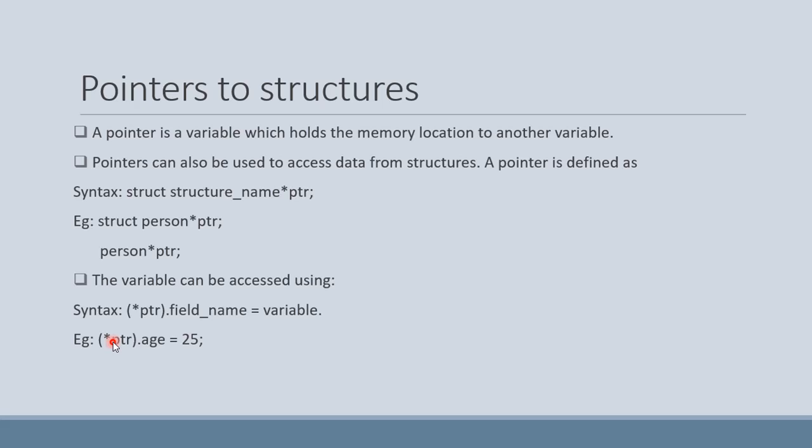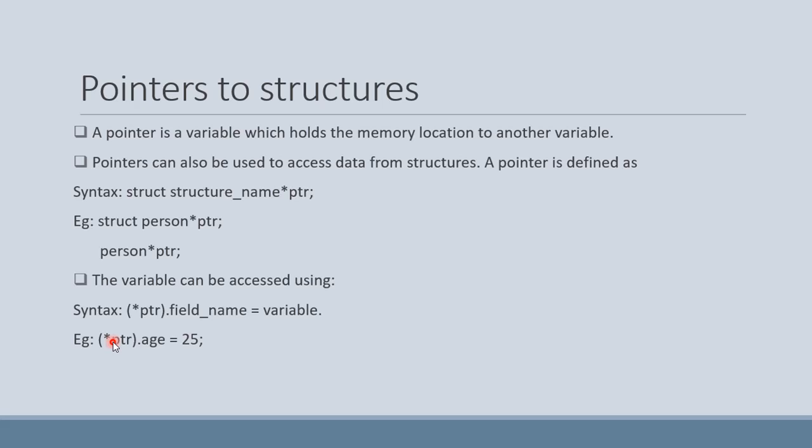A pointer is a variable which holds the memory location of another variable. We can use pointers with many things such as strings or arrays or any other variables we have defined so far. In structures also we can define variables, and pointers can be used to access data from the structures.